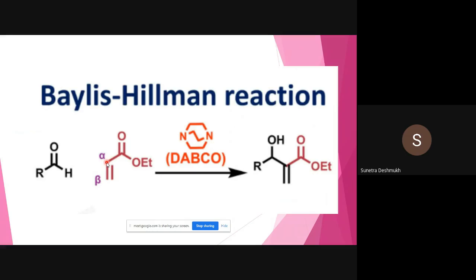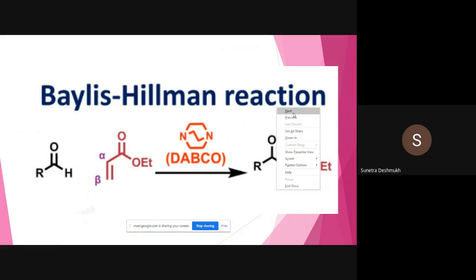Still we need one more carbon atom, so I think we would take this carbon atom from the aldehyde. In this way we generate the allylic alcohol, an alcohol present at the allylic position next to the carbon-carbon double bond, by the Baylis-Hilmann reaction.